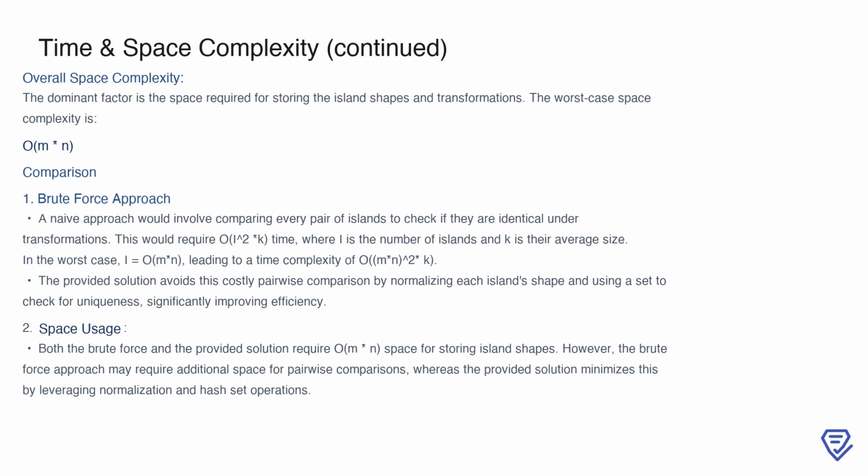In contrast, our solution avoids this inefficiency by normalizing each island's shape and checking uniqueness using a set, greatly improving the runtime. Regarding space usage, both the brute force and the proposed solution require O(m*n) to store island shapes. However, the brute force method might incur additional overhead for pairwise comparisons, whereas the proposed solution minimizes this by leveraging normalization and hash set operations.